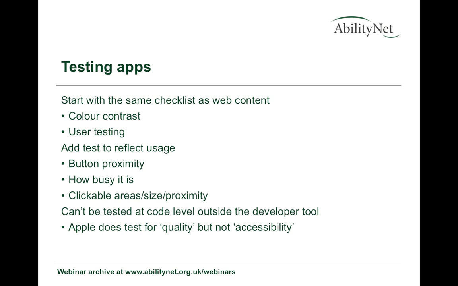So there are others as well, such as the target size, as we've already mentioned, clickable areas, selectable areas of buttons and controls. But there are a number of things that you can test yourself just by using the inbuilt accessibility features on your device.